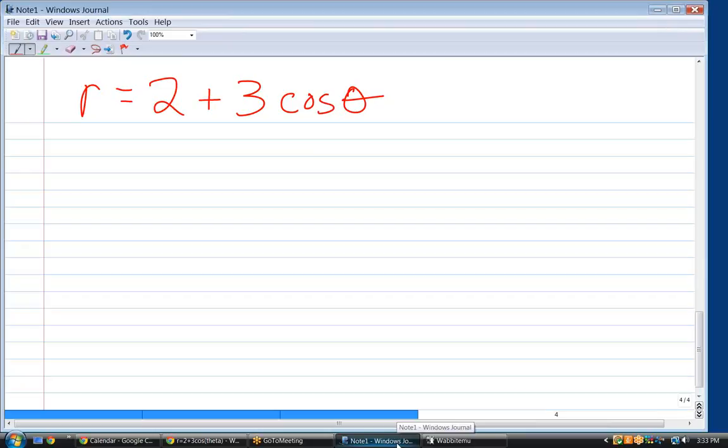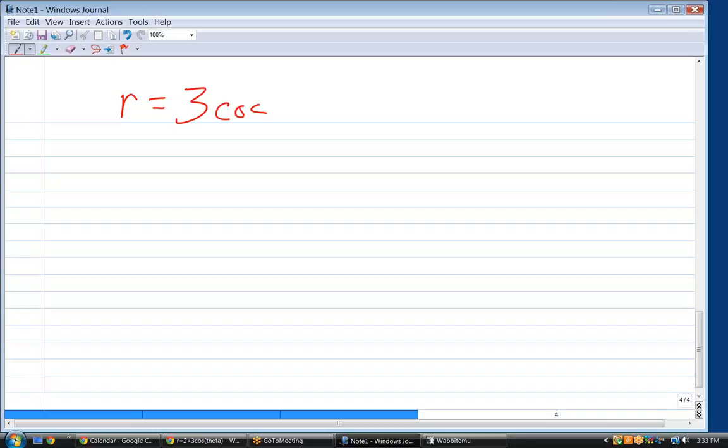Cool. All right. So we got the maximum on this. What else do we have here? The next one is 3 cosine 3 theta. R equals what? 3 cosine 3 theta.